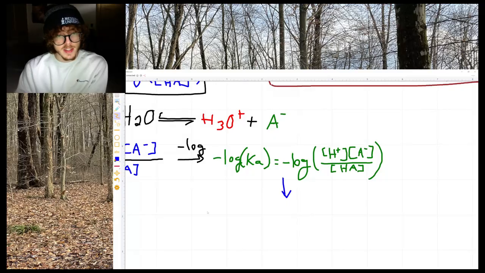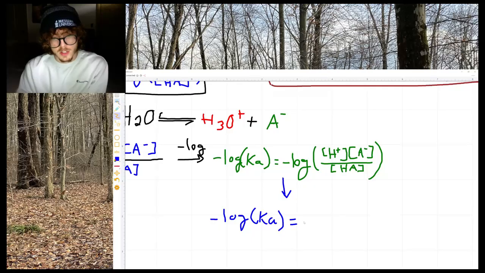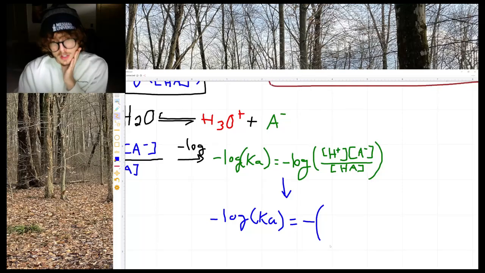So the next step is to say, okay, negative log of Ka, and we're going to set this equal to, and my notation is going to get interesting here, I'm going to say negative and then put the log rules in parentheses, and then distribute the negative after, just to make sure we don't make any weird sign errors.